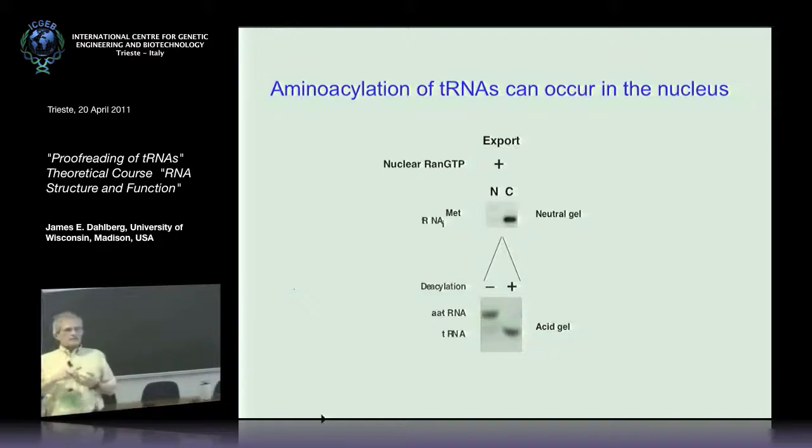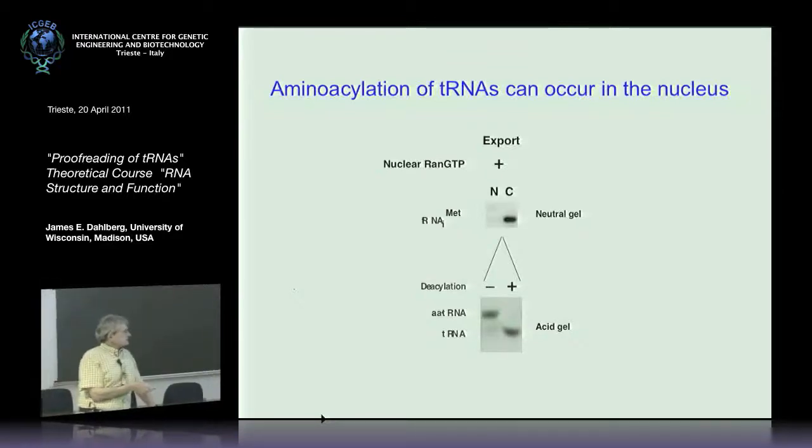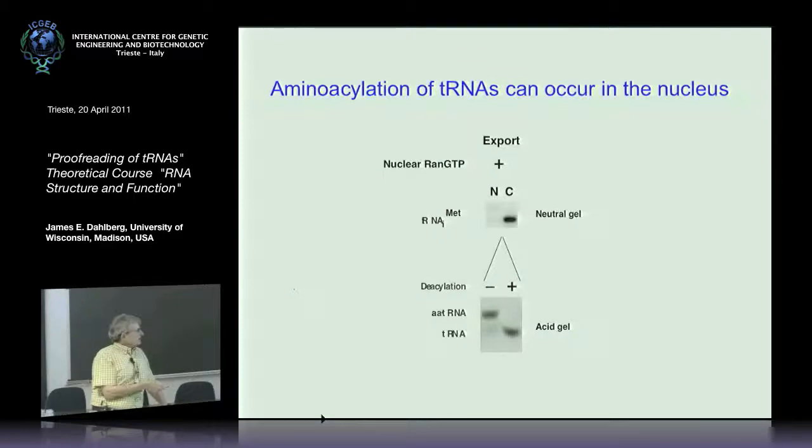It's a gel that Tom Rajbandari developed, which is able to separate aminoacylated from non-aminoacylated tRNAs, and they separate on the basis of gel mobility. The aminoacylated tRNA is a little bit slower than the uncharged tRNA, and we can see that difference just by taking the aminoacylated RNA and allowing it to be deacylated by mild high pH incubation.